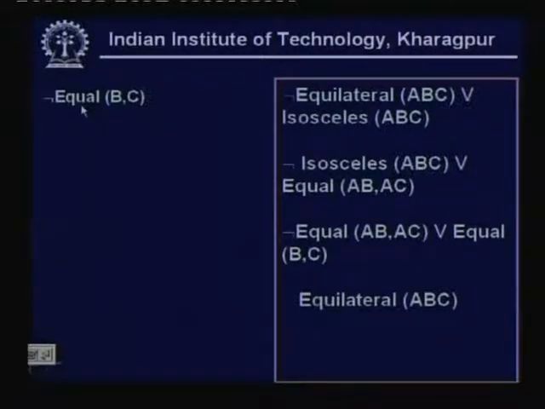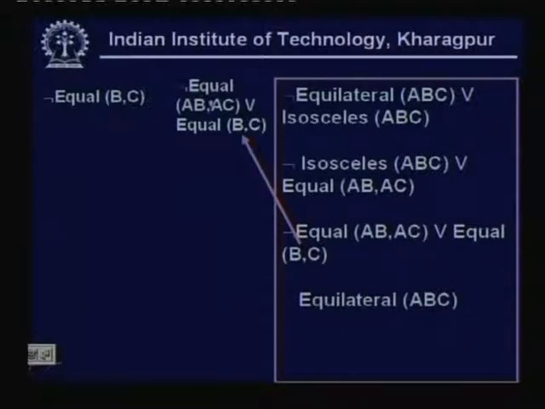How can I do it? I will select one of the clauses from here, where I have to be a little intelligent and find out that okay, here is a clause which has got the complement of this literal not equal BC, and here is equal BC. So, I will select this clause and try to resolve between these two clauses.